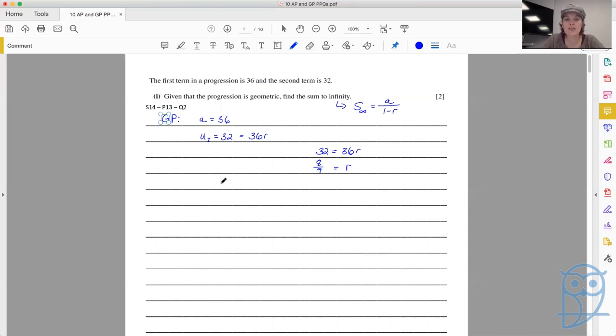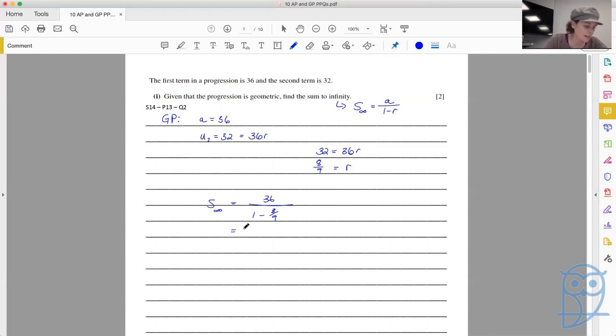Okay, so then we can calculate the sum to infinity. Sum to infinity equals A, 36, divided by 1 minus R, which is 1 minus 8 over 9. Let's rewrite this, because my handwriting does not fit here. So sum to infinity equals 36 over 1 minus 8 over 9.